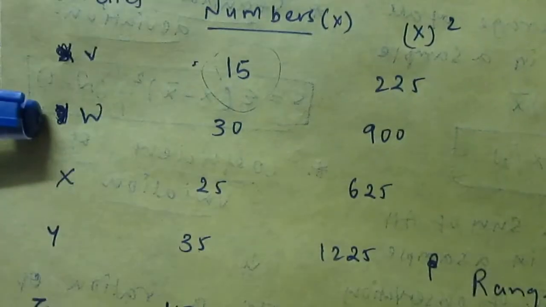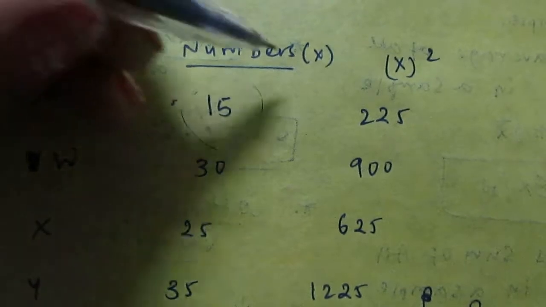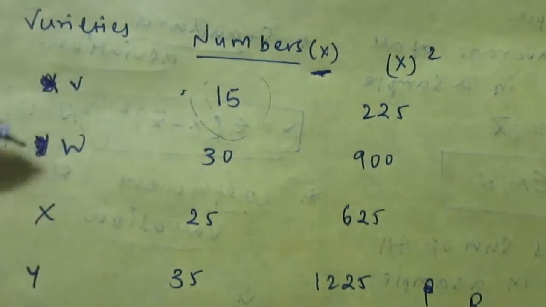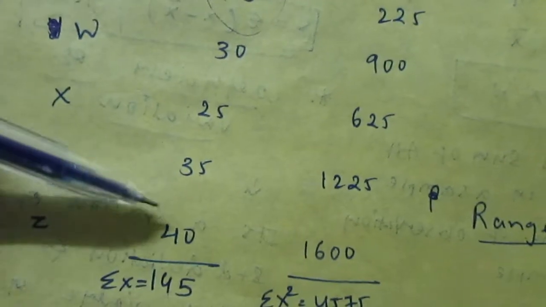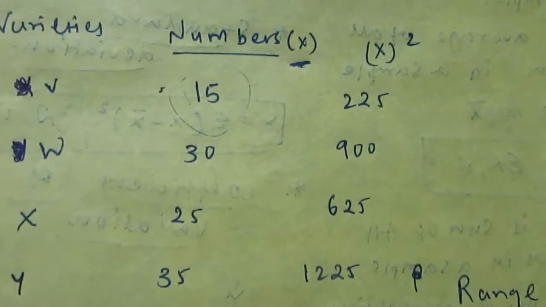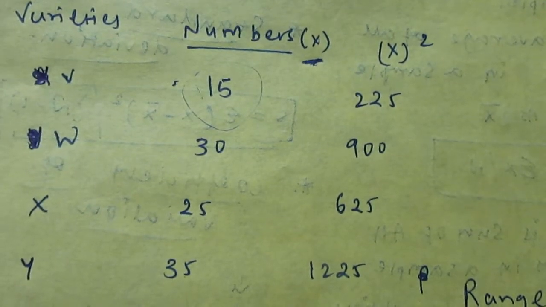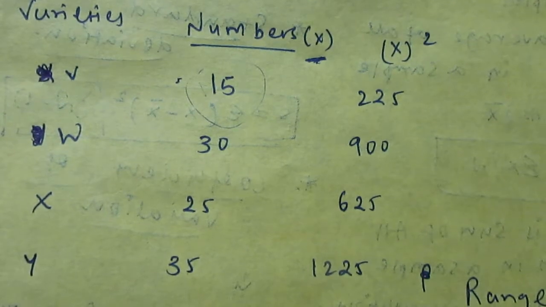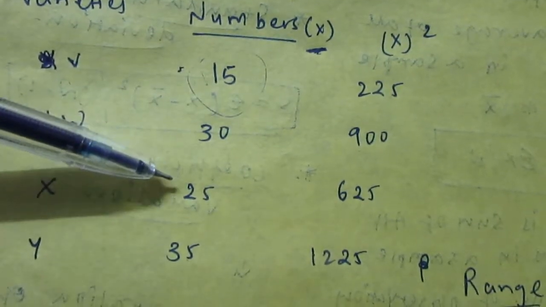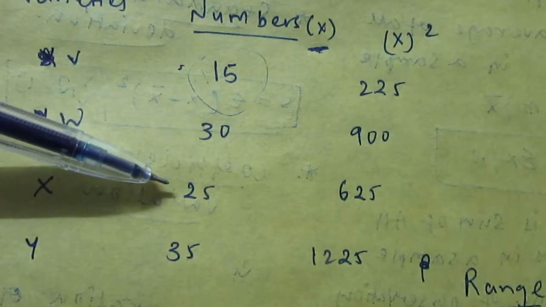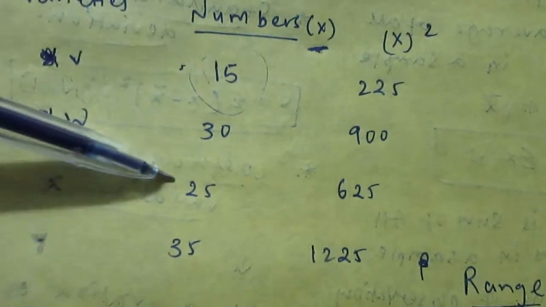These 5 different varieties are denoted as V, W, X, Y and Z, and the number of these varieties, which I already told you is denoted as x, is 15 for V, 30 for W, 25 for X, 35 for Y and 40 for Z. These varieties are present per unit of land, for example per kilometer, per acre, or per hectare, as well as any unit of land. Please keep that in mind.